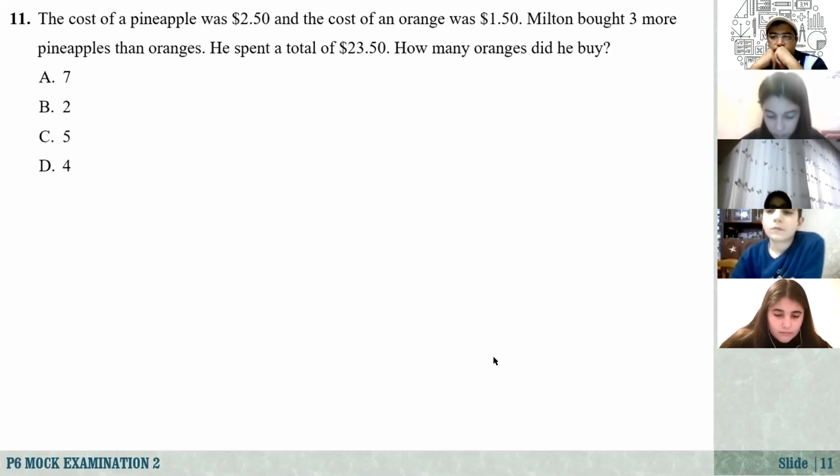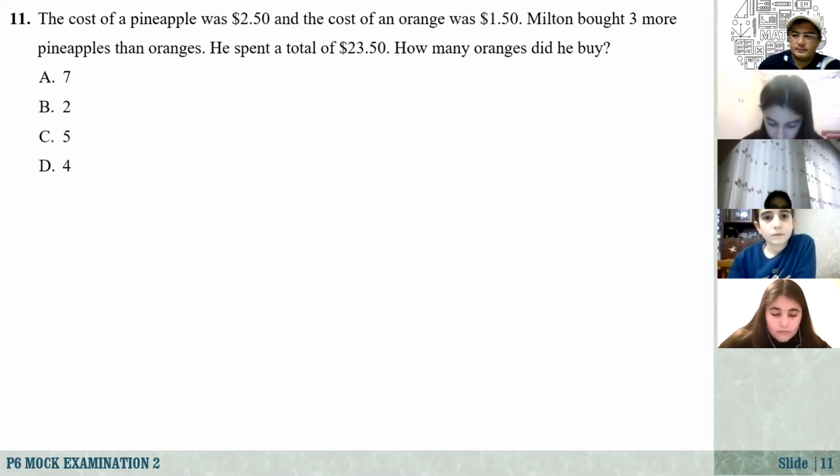Then 23.5, we will minus 16. We will get 7.5 dollars. And if we divide it by 2.5, we get 3, and it's right for this. Okay.